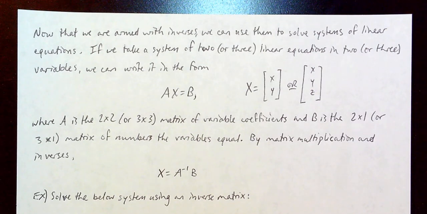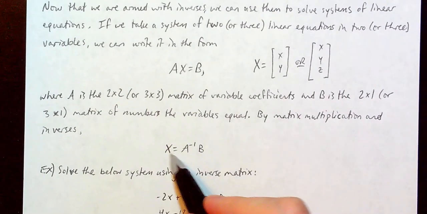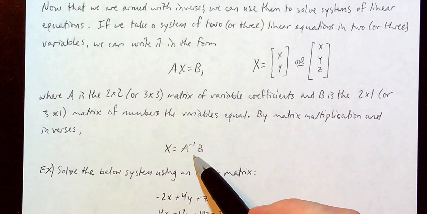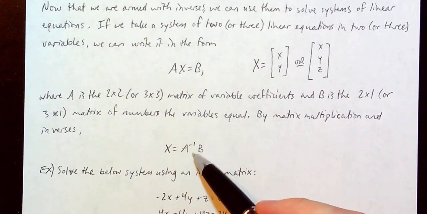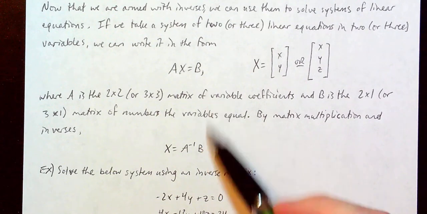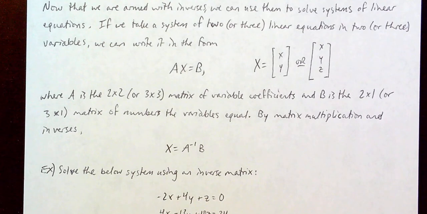Using inverses and matrix multiplication, we can solve for our variables x, y, and z by multiplying the inverse of A by that matrix B.